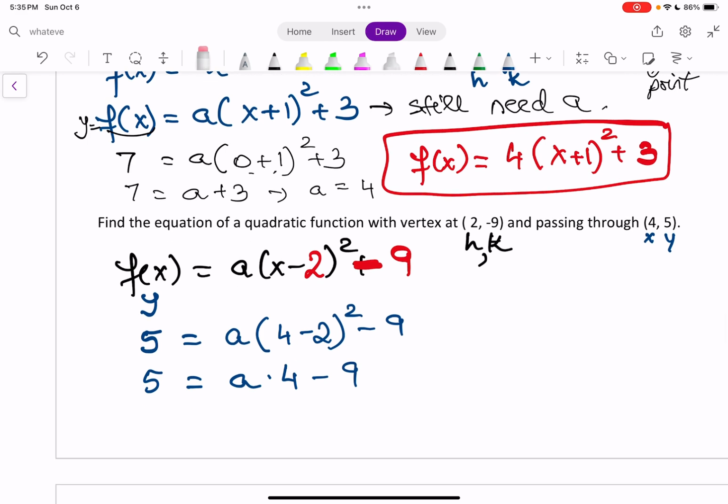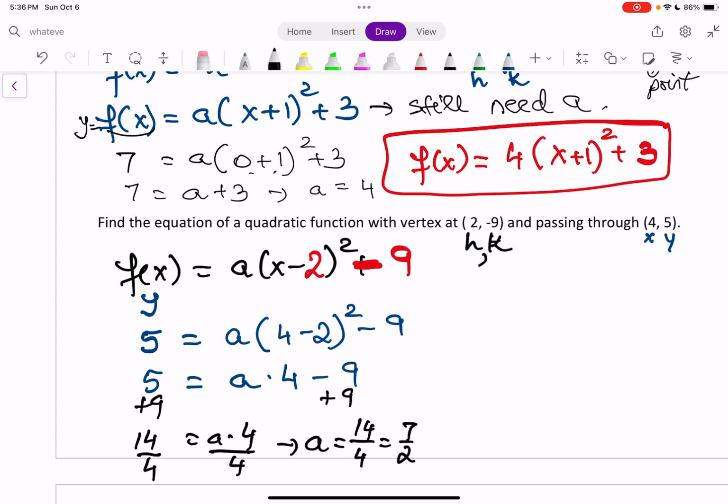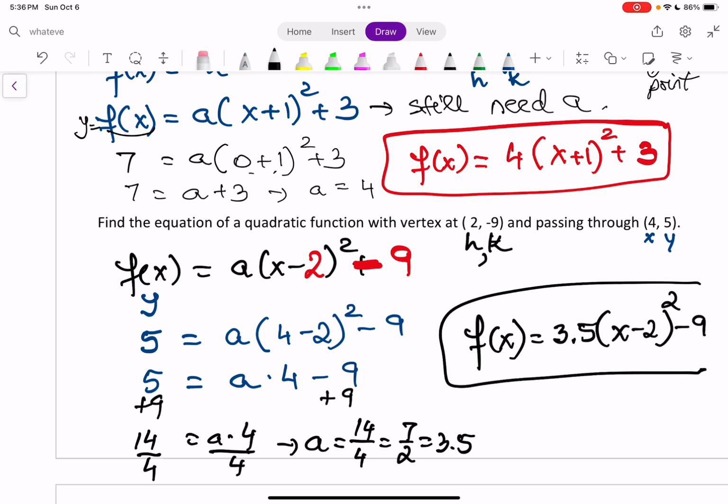So to solve for a, I'm going to add 9 over, and then divide by 4. So you can leave it as 14 over 4, which, by the way, has to be reduced to 7/2, or you can write 3.5. Either way, it doesn't matter which form of it you want to use. But here is the equation of this quadratic function.